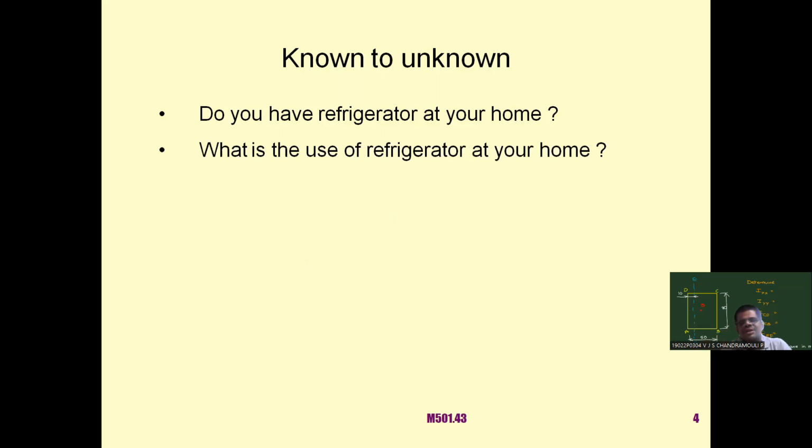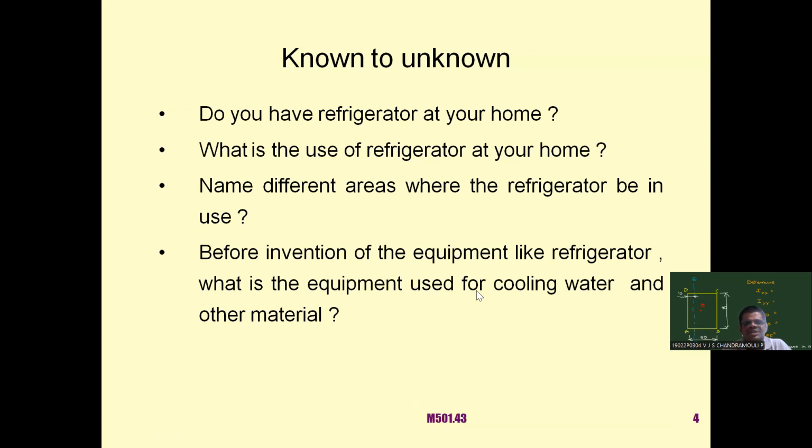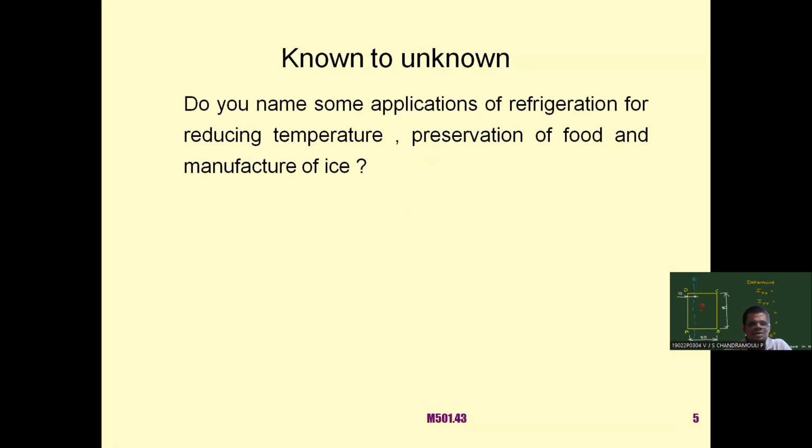We can store them in a chilled atmosphere in a refrigerator, and you can observe different areas in your refrigerator which we use. Before the invention of the refrigerator, what were the things used to produce cooling of water or other materials?